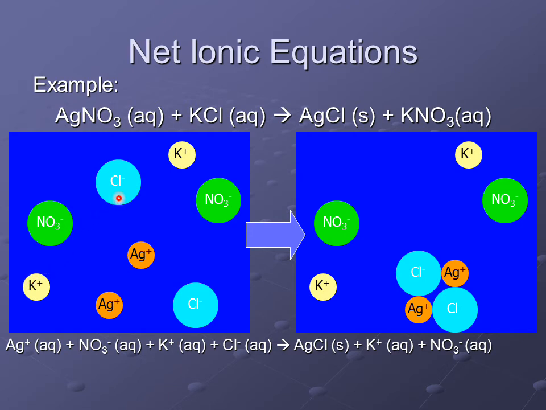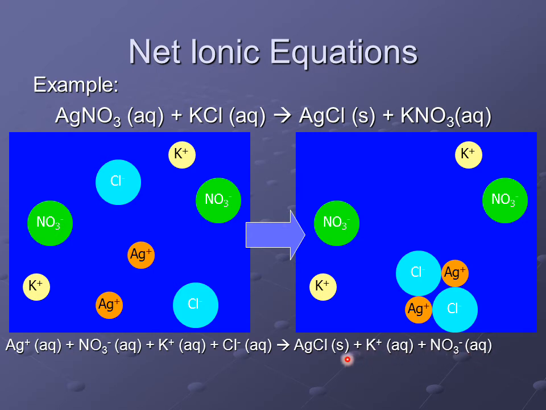And these are going to be all dissociated when we start out. Afterwards, we're going to have associated silver and chloride ions, in other words, solid silver chloride. We're going to have dissociated potassium ions, in other words, aqueous potassium ions. We're going to have dissociated nitrate ions, in other words, aqueous nitrate ions.